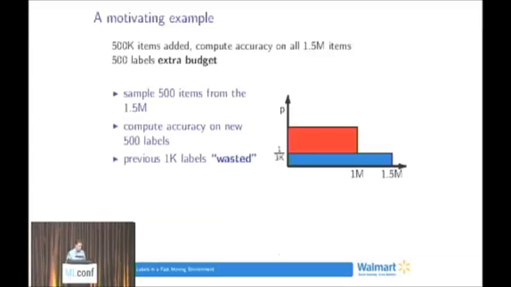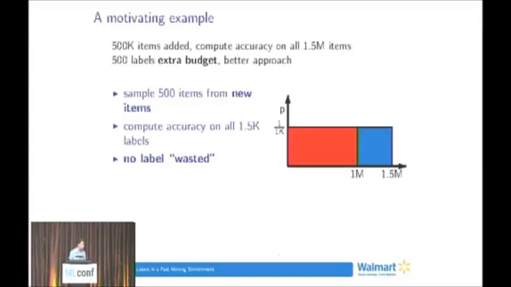Now, in this case, it's pretty simple to understand how you should have done things. The real way of doing things is that you should have sampled the 500 labels out of the new 500,000 products, right? And if you did that, that's the sampling profile that you obtain. You get something that is, again, uniform, but it's uniform over the previous sampling and the new sampling.